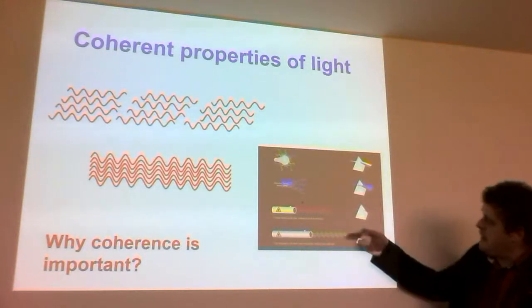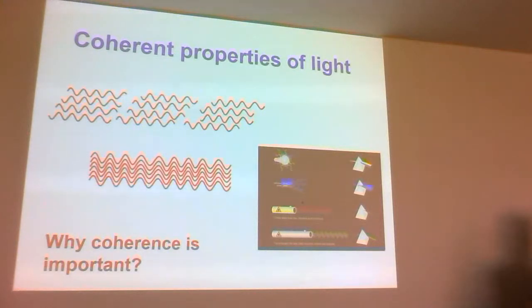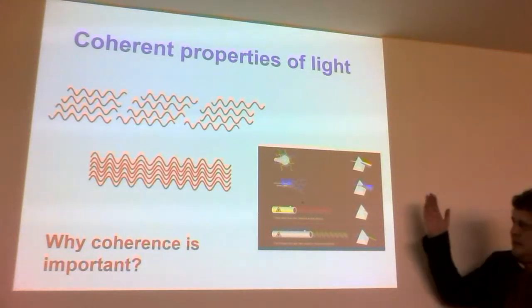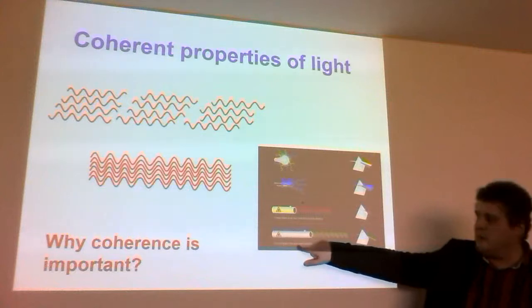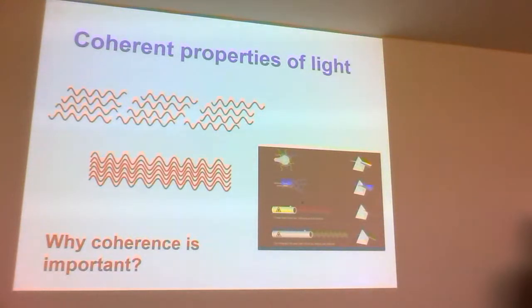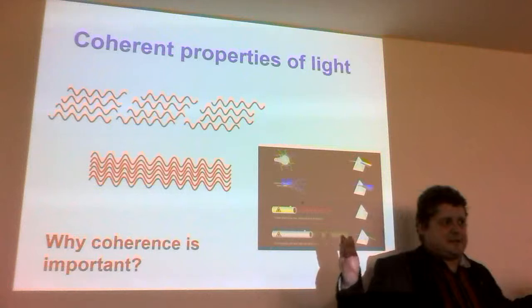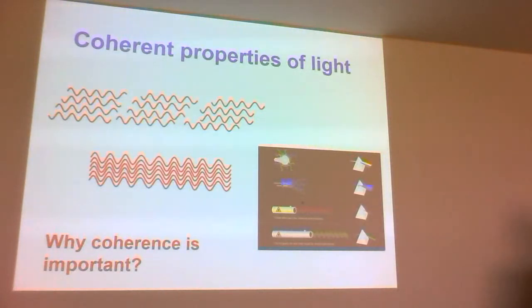And again, we have a number of different light sources. We have white light, we have sunlight, we have expensive lasers, less expensive lasers, and laser diodes. What are their coherent properties? For very good lasers, there could be a nearly infinite coherence length in terms of temporal coherence.